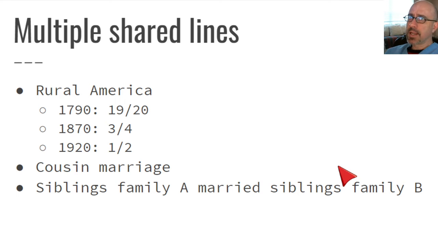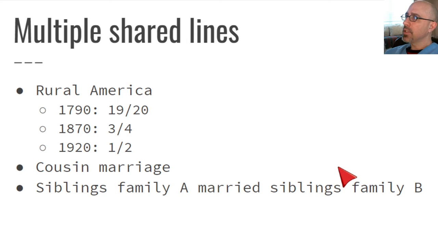And of course, the 1920s are practically yesterday in terms of genealogy. We really only have to go back a generation or two to get to that time period. So I would say that this is an issue that almost everyone contends with. And where cousin marriage wasn't a factor, we see situations such as family A siblings marrying siblings from family B, and the descendants have a lot of complicated things to sort out.